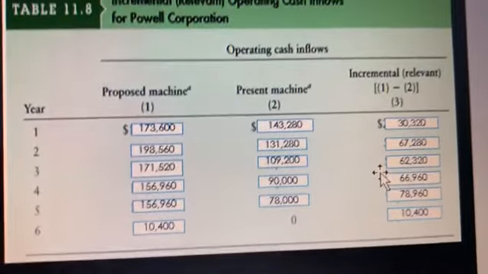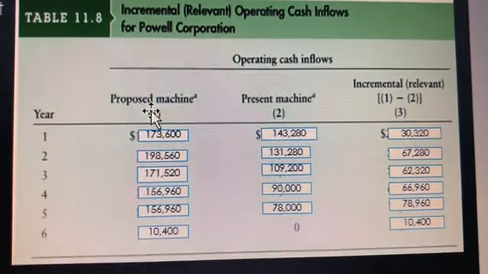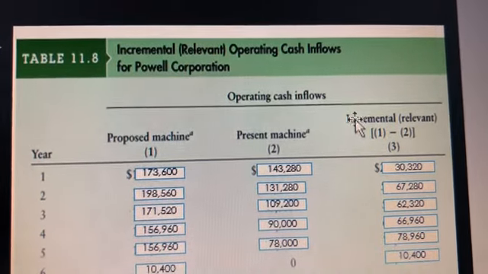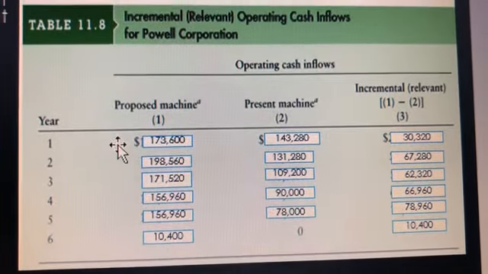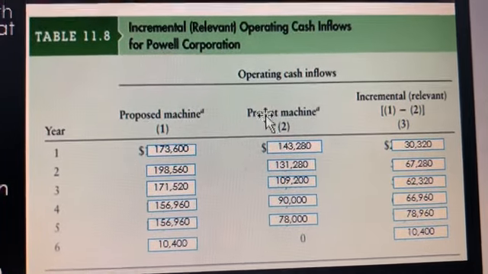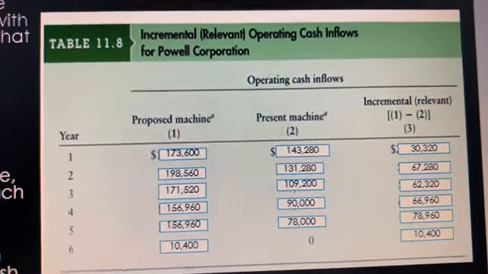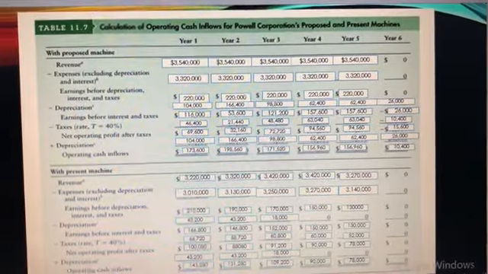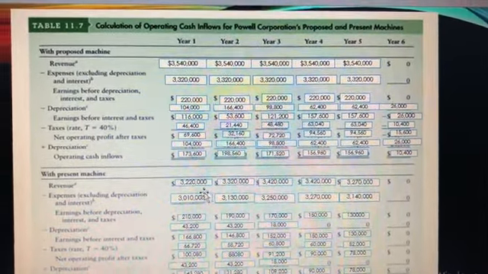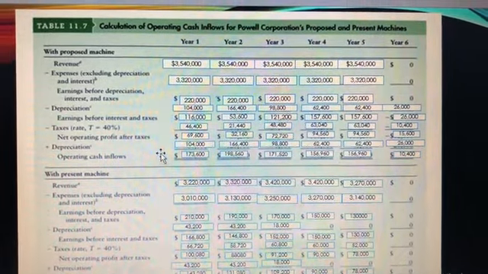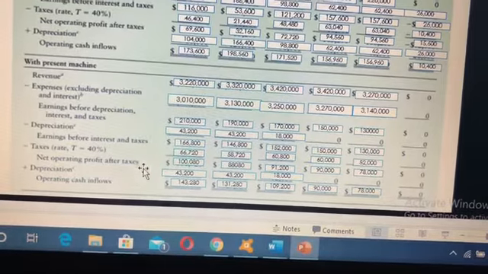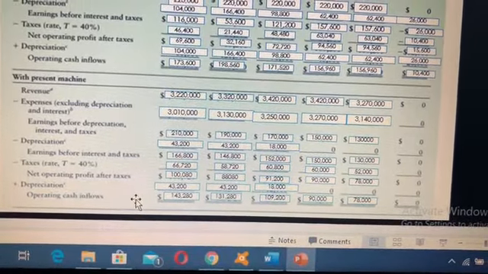So right here, we're gonna take the proposed machine operating cash inflows minus the present machine operating cash inflows, which is going to give you the incremental. And we get these figures for the proposed machine and present machine from table 11.7. Here is the operating cash inflows for the proposed machine, and this is the operating cash inflows for the present machine.